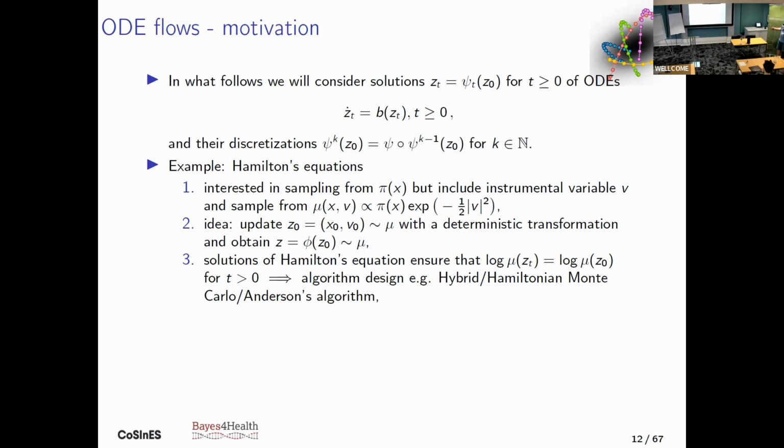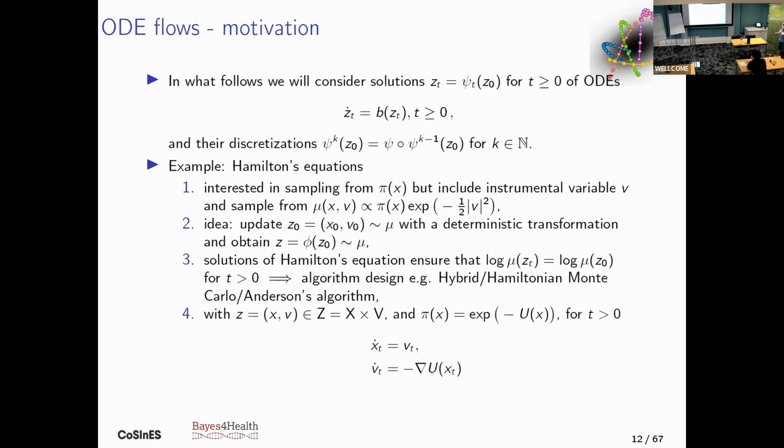And one of the reasons is that if you solve the equation and go along the flow, you've got this property that the density doesn't change. There are actually other properties that turn out to be important practically. And this has been identified a long time ago in the Monte Carlo world.